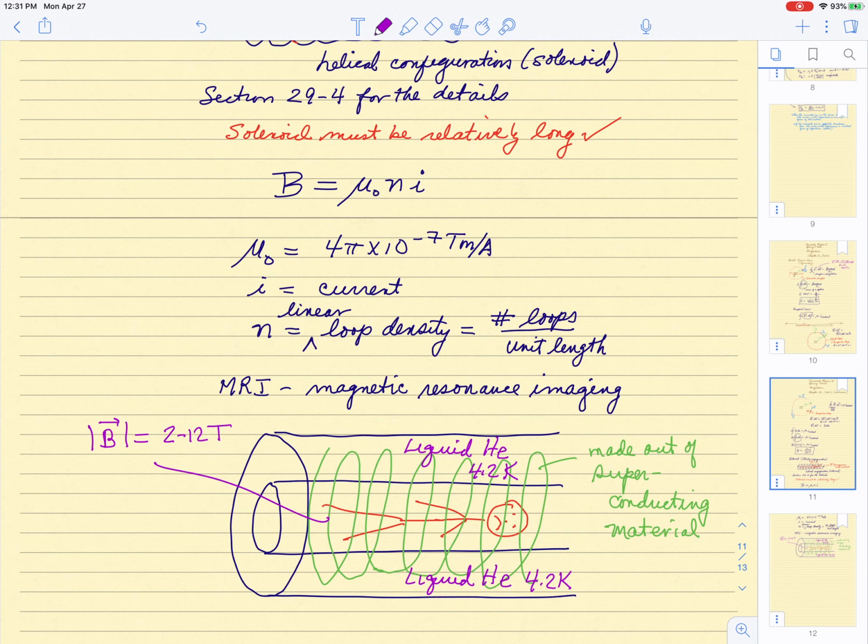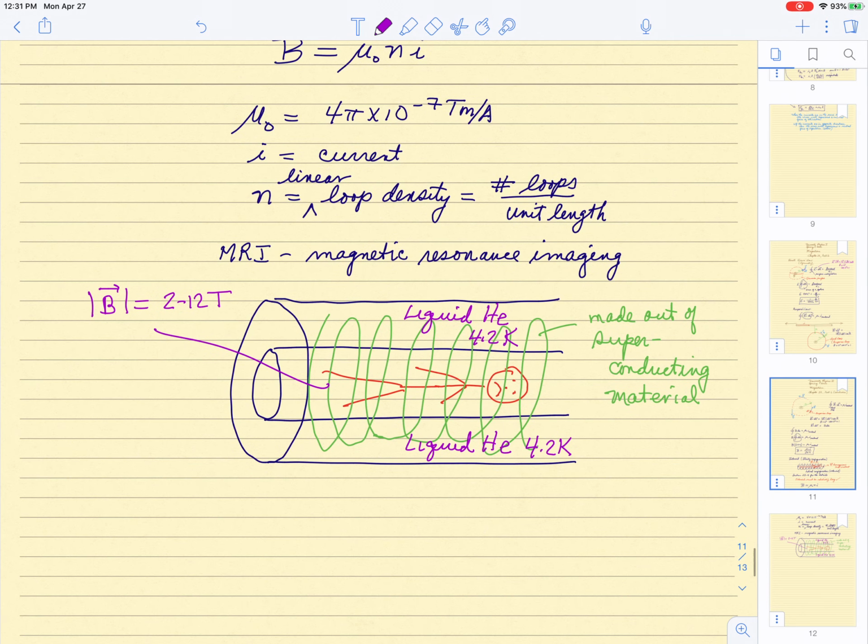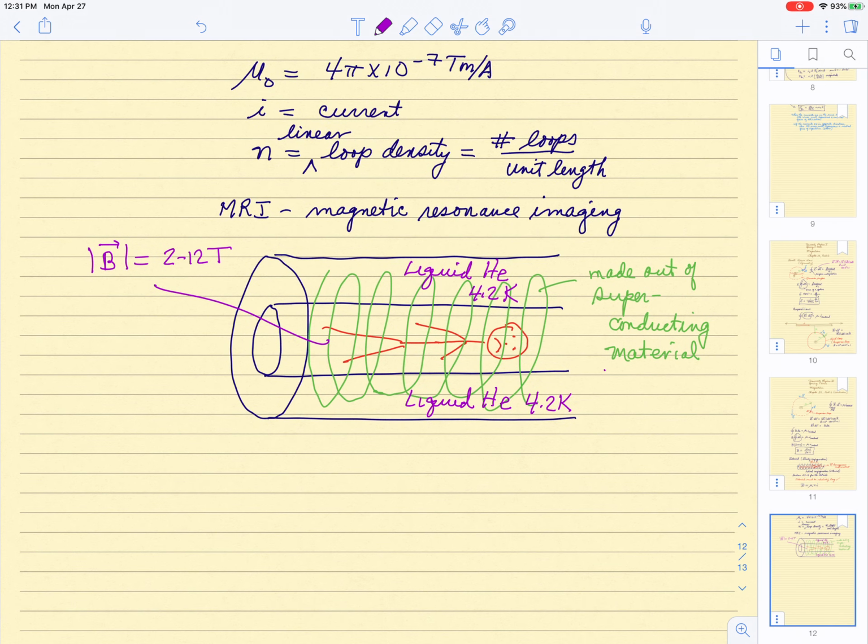Again, some of the things that we've covered over the course of the semester, superconducting materials, magnetic fields, solenoids, all come into play in this medical application of several phenomena.